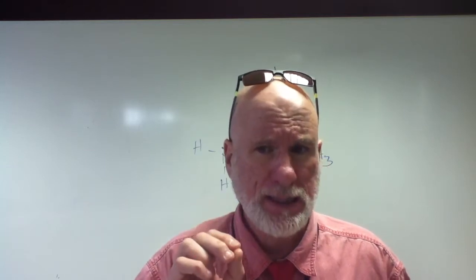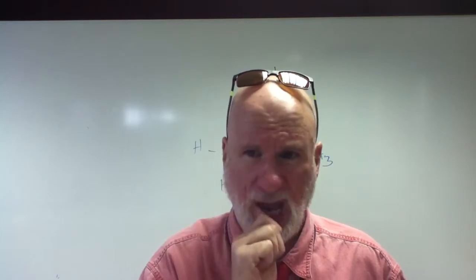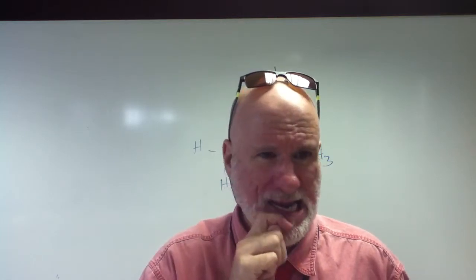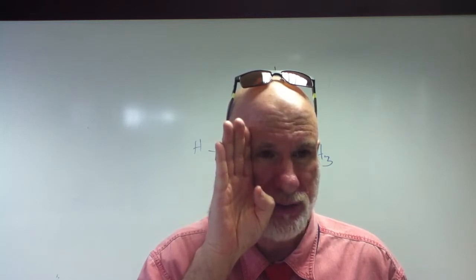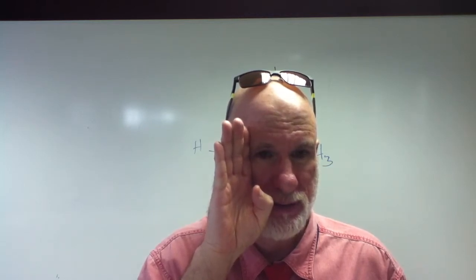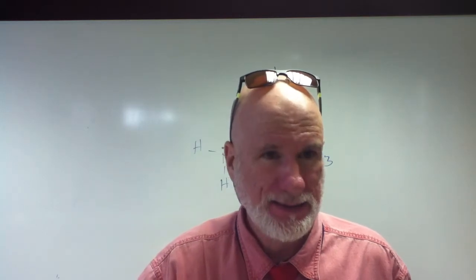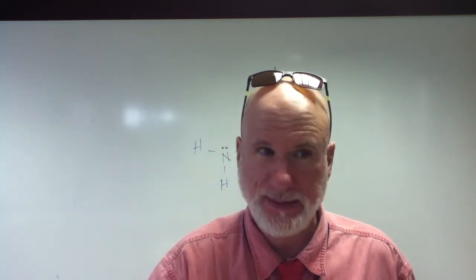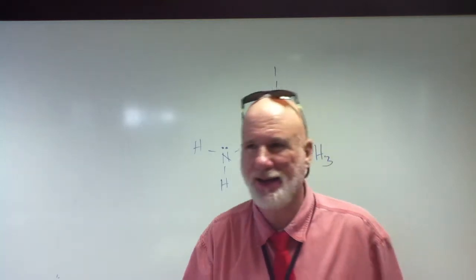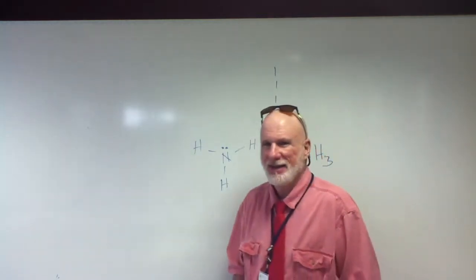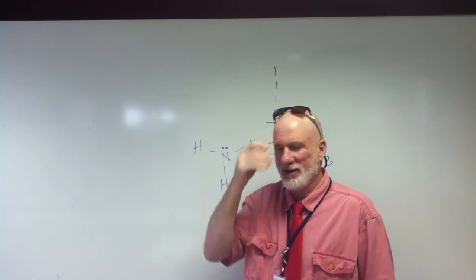So how many electrons must the central atom have if it's a non-metal? I'll give you a hint. After lunch. 8. Oh, 8. Oh, okay. All right. Yusuf's like, oh, I should have gotten that one.